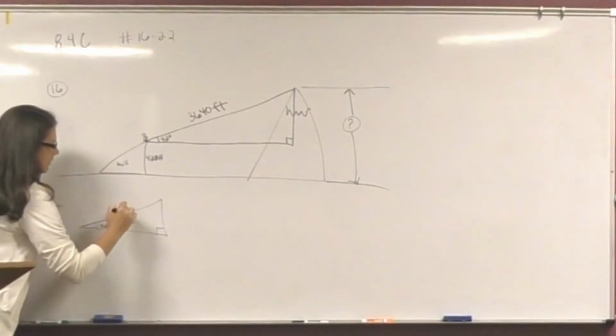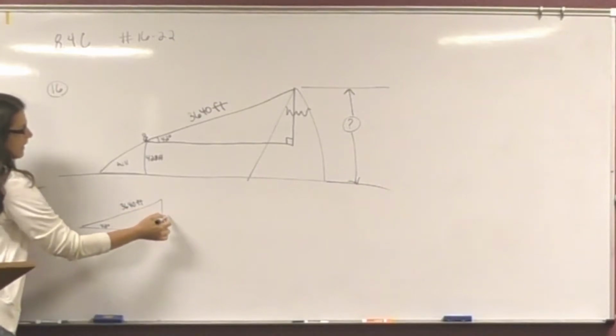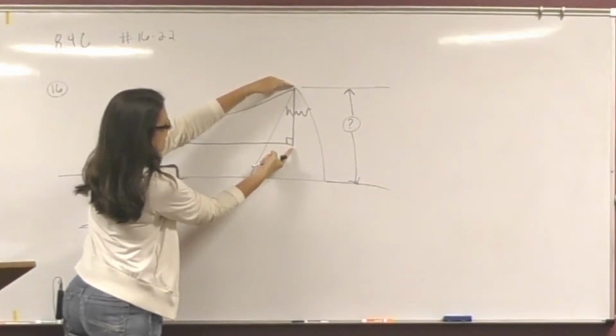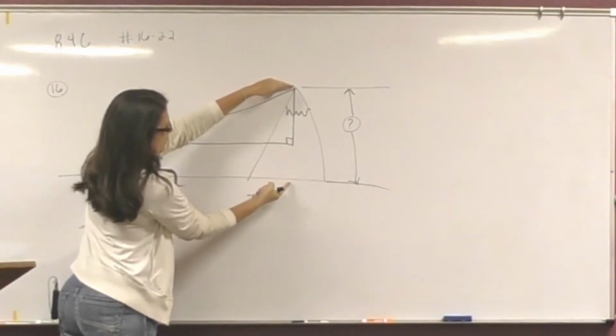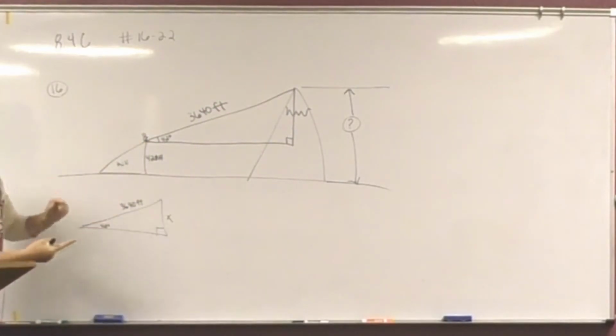This is 3,640 feet right here. I'm going to try to find this, and that's going to give me this distance. Then to find the distance of the whole mountain, I just have to come back and add this 428 feet. But let's find this one first.